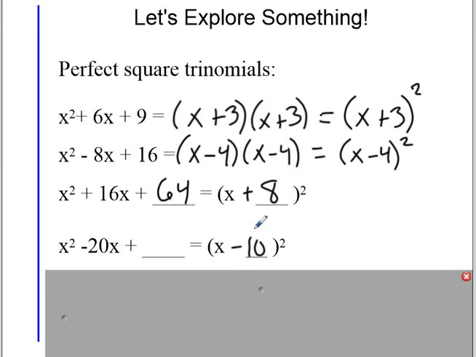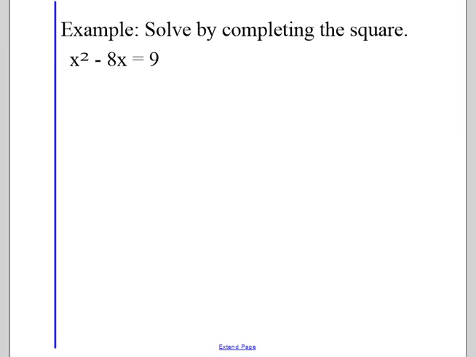So what is negative 10 squared? 100. So as we continue into the real problems of completing the square, we need to consider this special relationship between 16 and 64, 20 and 100, 8 and 16, and 6 and 9.